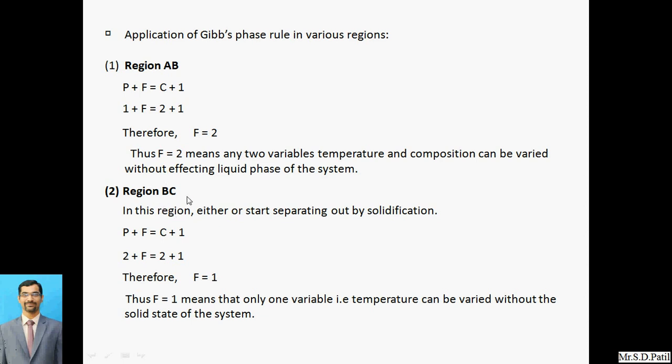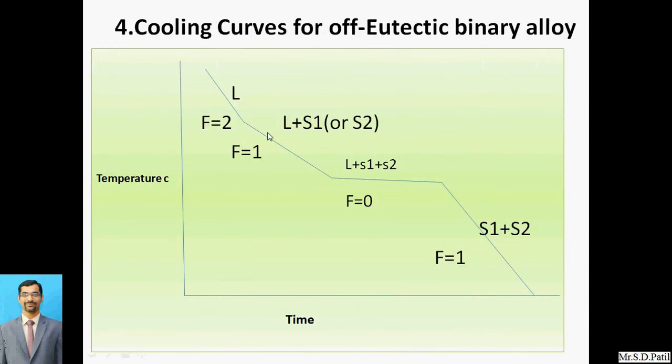Now in the region BC, in this particular region, the solidification of any one solid has started, and that's why P is equal to 2 in this case. Why are the phases 2? Liquid plus only one solid we are getting. So it either may be S1 or S2. That's why it is written in the bracket over here.